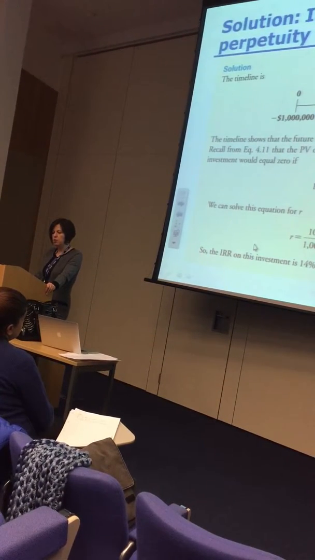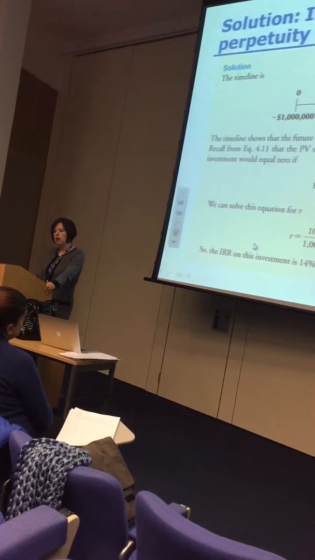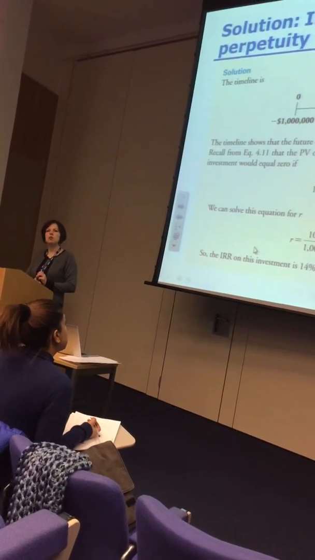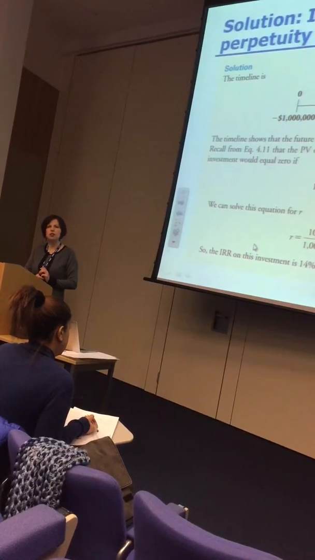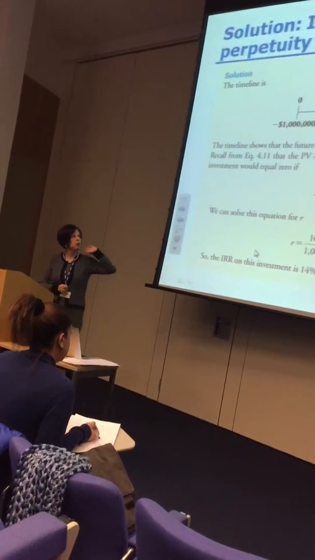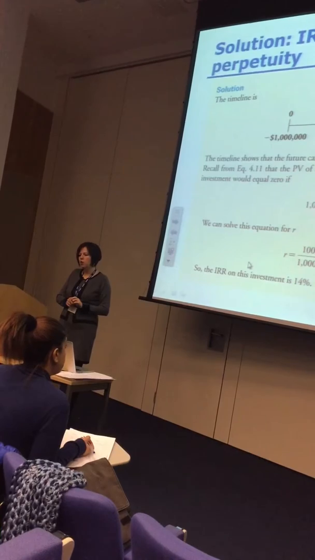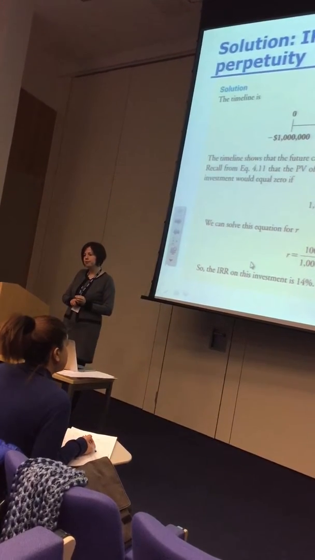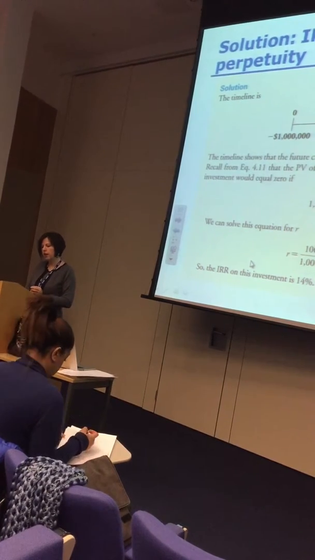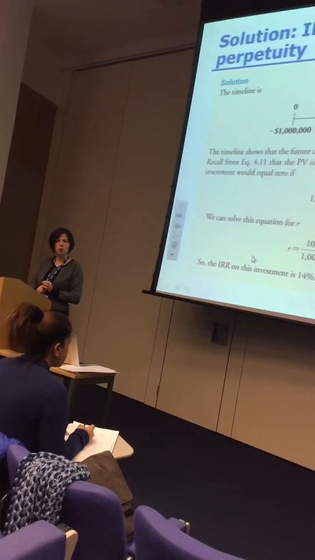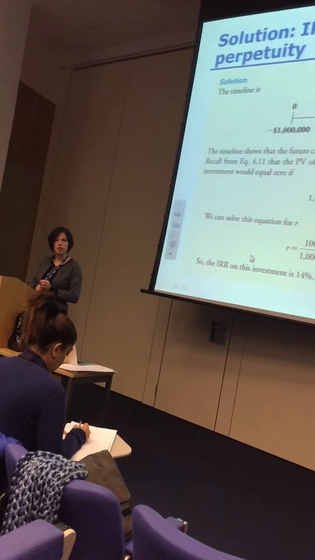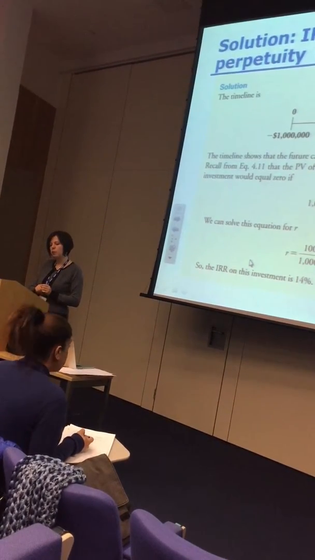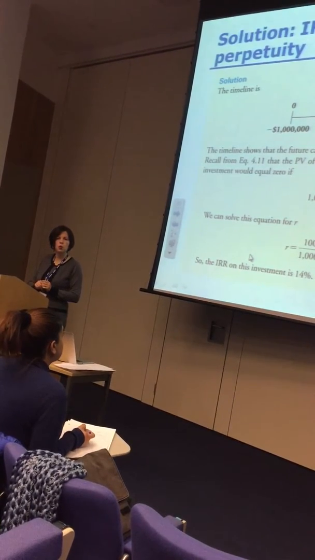Here again, you would be drawing the timeline. So you spend the money today, then you get 100,000 in 1 year, and it then grows with 4% per year into infinity. We are applying the formula for the perpetuity with growth that we've seen a couple of slides before. But on the other side of the equation, we put the cash outflow.